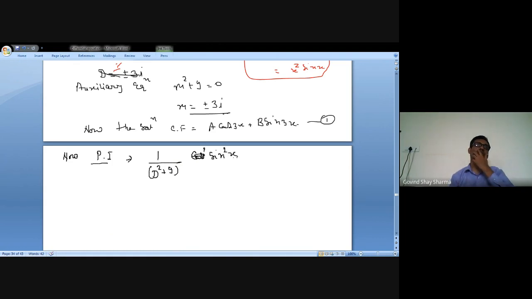Now the particular integral. This is sin square x, we can write it as (1 minus cos 2x) upon 2.